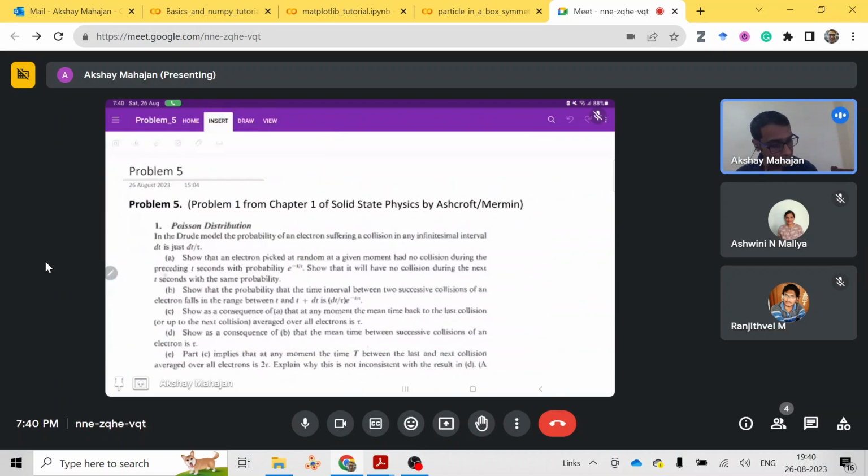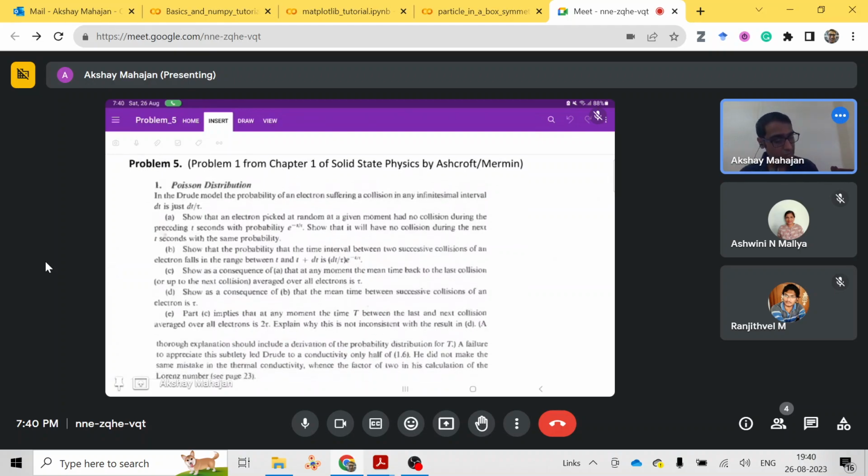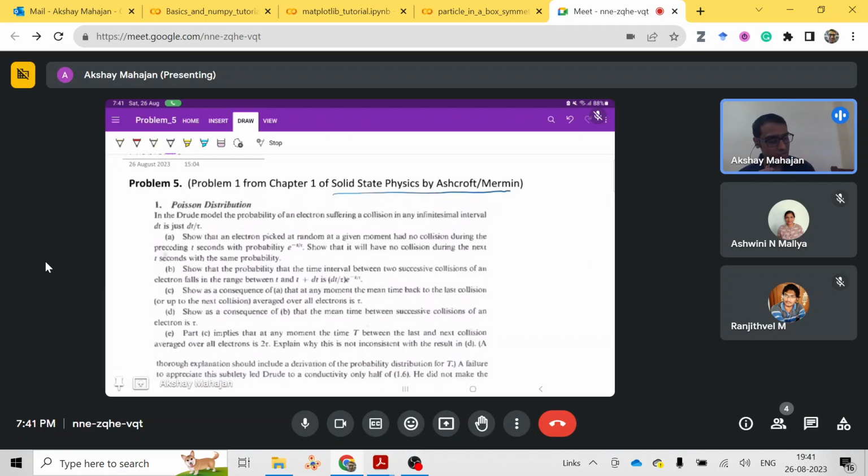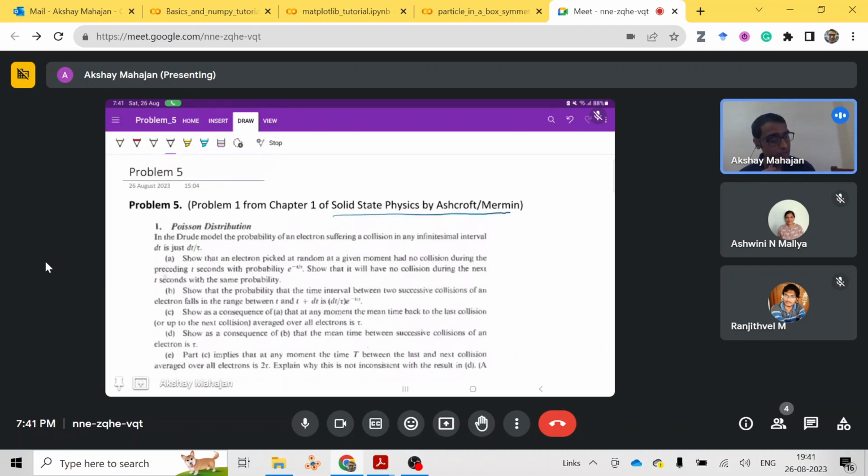Alright. Now we will go to problem number 5. This problem number 5 is from chapter 1 of this book, Solid State Physics by Ashcroft-Mermin. This is a very nice book for solid state physics, and you can say mainly condensed matter physics; solid state physics and condensed matter physics are quite similar.